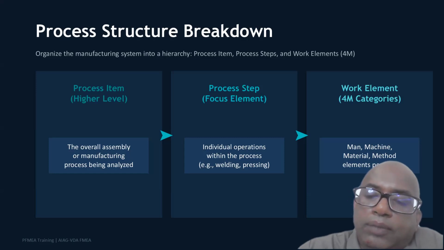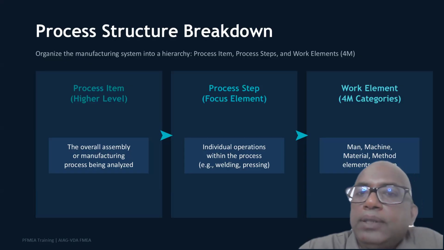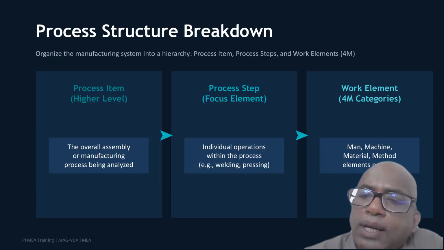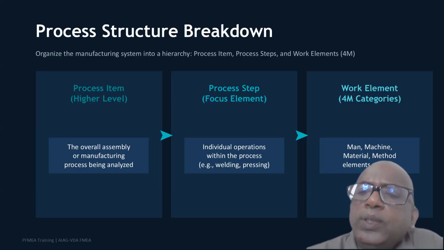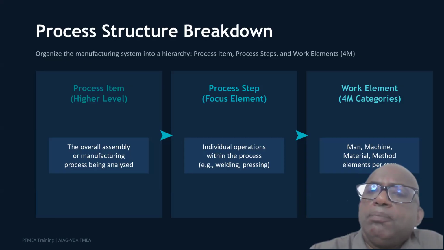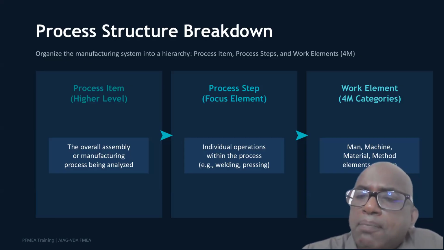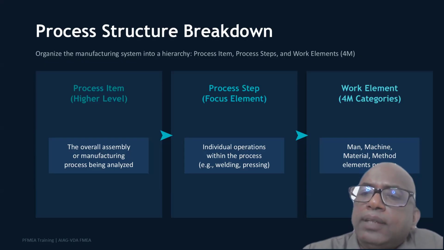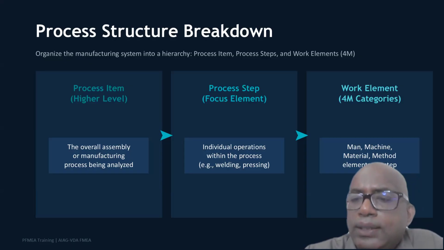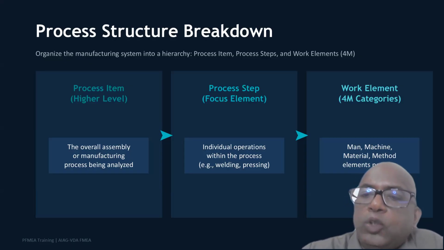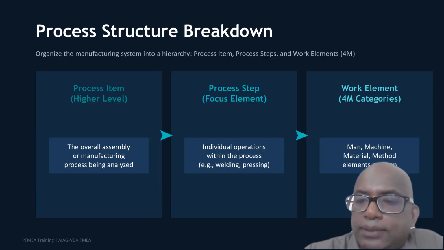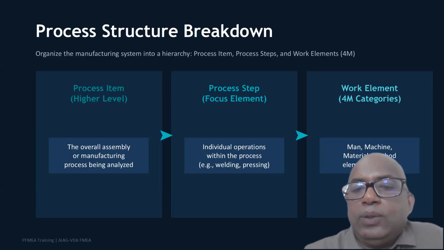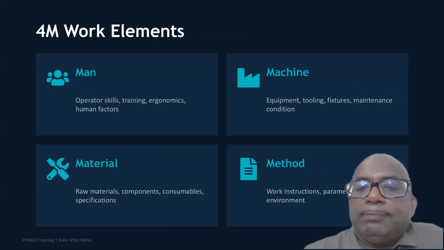Like that, in your manufacturing process, you can define your elementary processes, activities, and then work elements. What work is done in each elementary operation? What does man do, what does machine do, what does material do, and method? Those are the elementary-level approach you use in preparing the structure analysis. I think you have enough understanding.